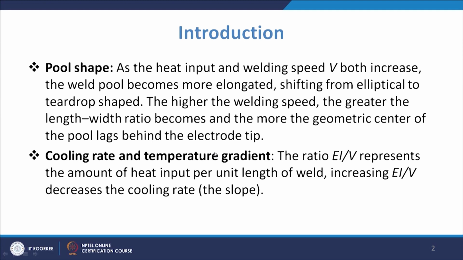This is another important parameter, where we have to understand that the ratio EI upon V represents the amount of heat input per unit length of weld. If you increase EI by V, that will decrease the cooling rate.